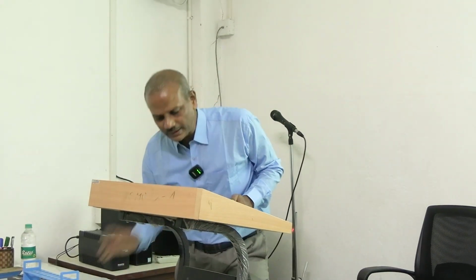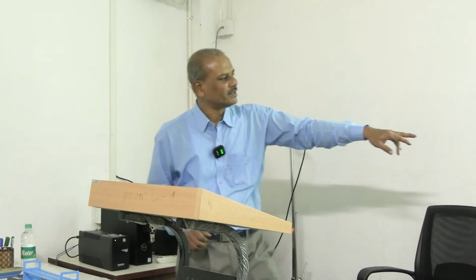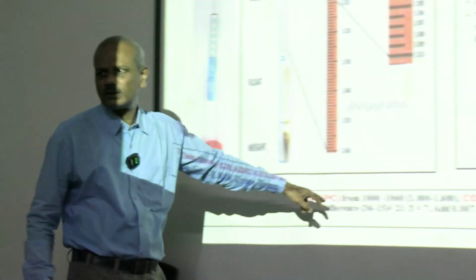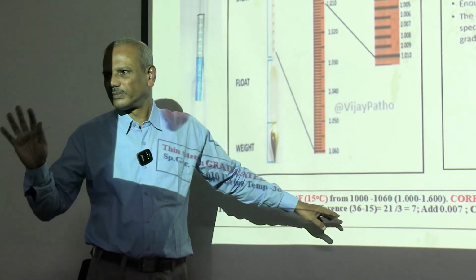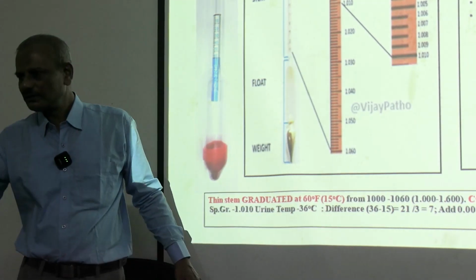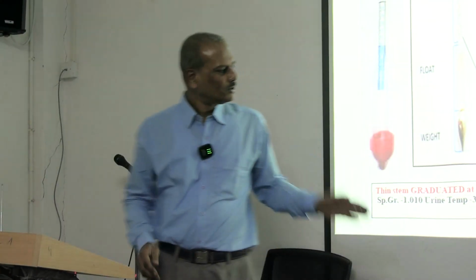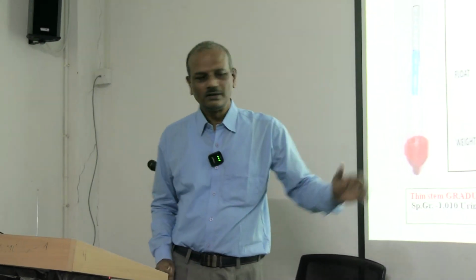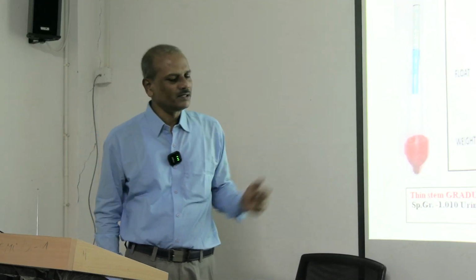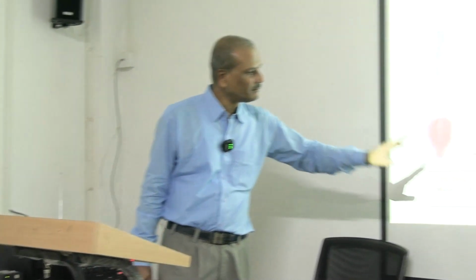Normally these instruments are made in Western countries, and they are calibrated at 15 degrees centigrade, because in Western countries the temperature is lower. Now we are living in a high temperature, so there is a temperature correction factor. For every 3 degrees centigrade rise, the last digit is increased by 1.